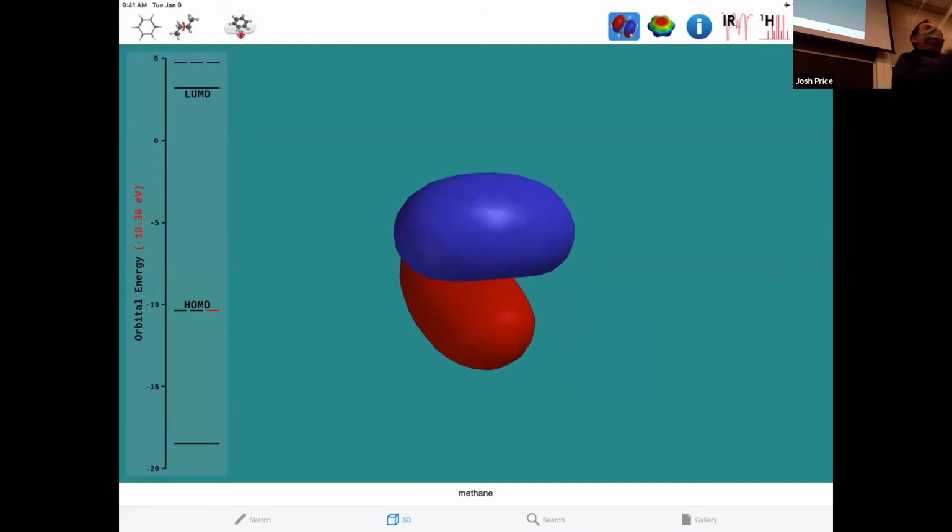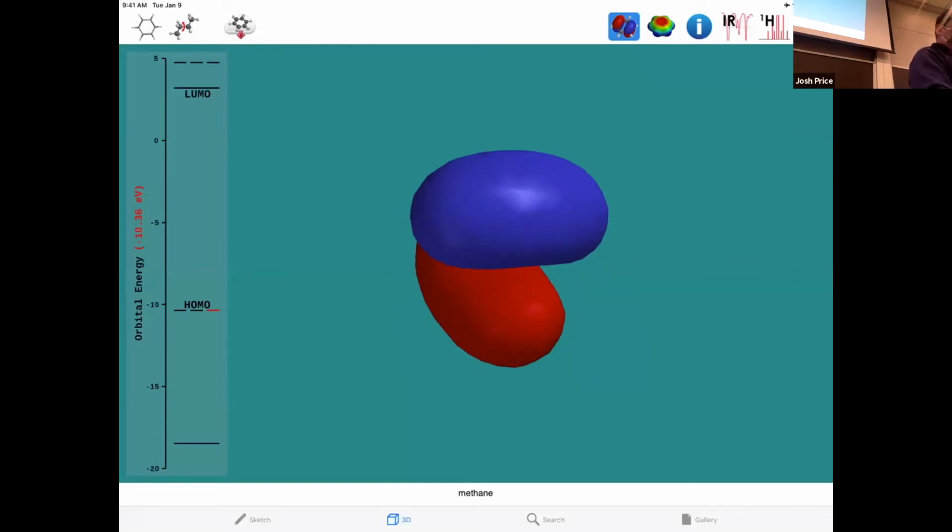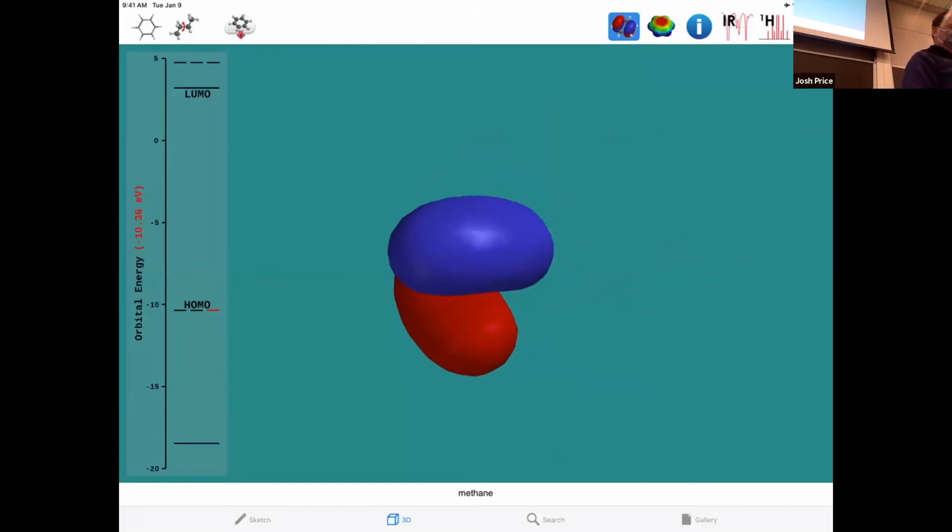This is a different picture than we got from valence bond theory, where we would say, oh, methane has 4 identical CH bonds, 2 electrons shared between each carbon and hydrogen. Which picture is right? Well, it turns out you can observe this energy difference between these higher energy orbitals and the lower energy orbital in a particular kind of experiment.